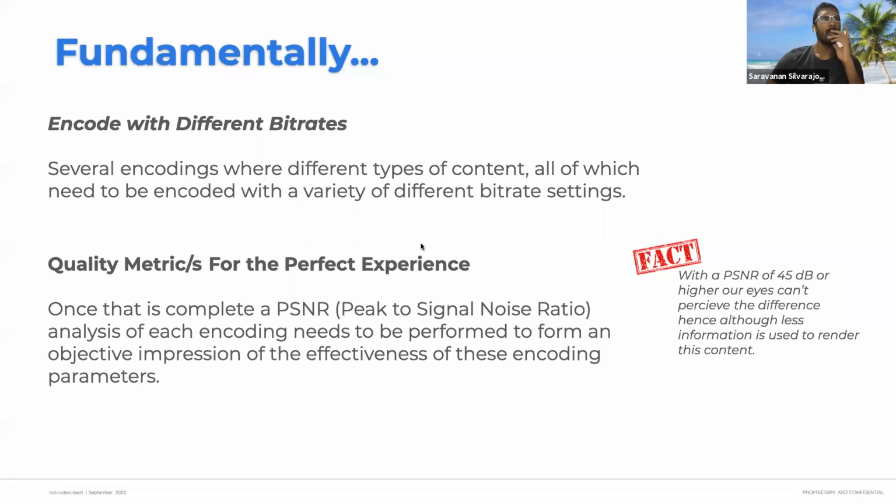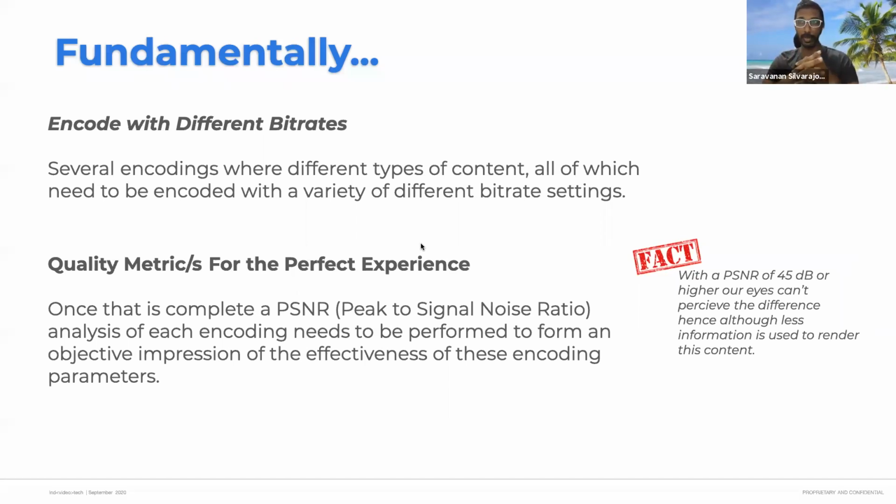And for the quality metric, in this slide I've mentioned PSNR, but it doesn't need to be PSNR. We use a few different ones, we use VMAF, we use SSIM, and we have our own in-house metrics as well. But the objective here is to pick the most efficient bitrate, yet still keeping the quality.